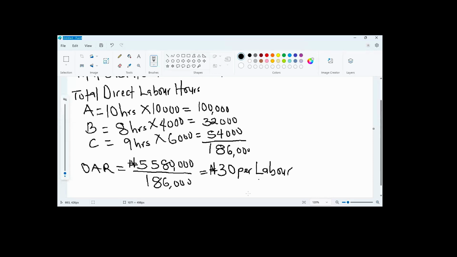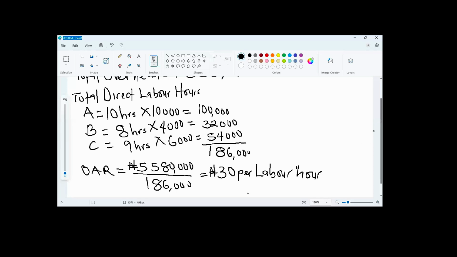Anytime you are calculating overhead rates, you must have a basis, per labor hour. You have gotten the overhead rate per labor hour.